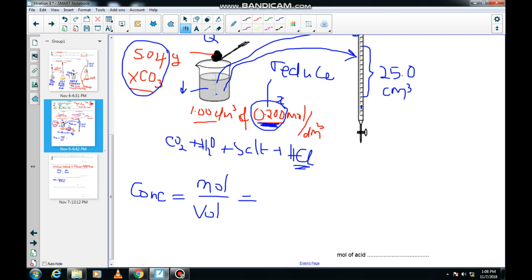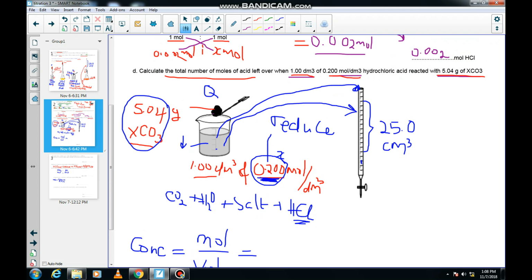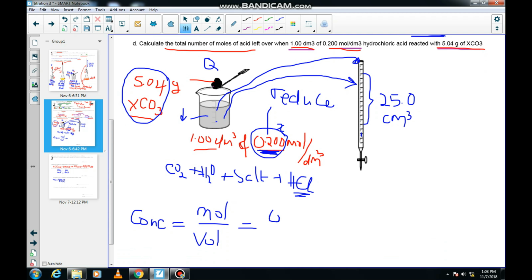We have calculated the number of moles of this hydrochloric acid in the burette as 0.002. So this will be 0.002 moles divided by the volume of the burette. We were told that the volume from the burette is 25 cubic centimeters, which converts to 0.025 decimeter cubed.